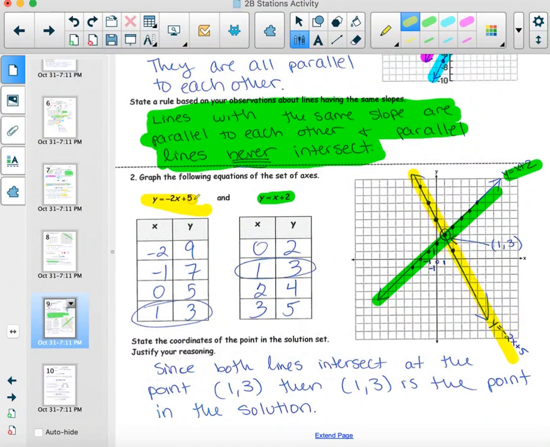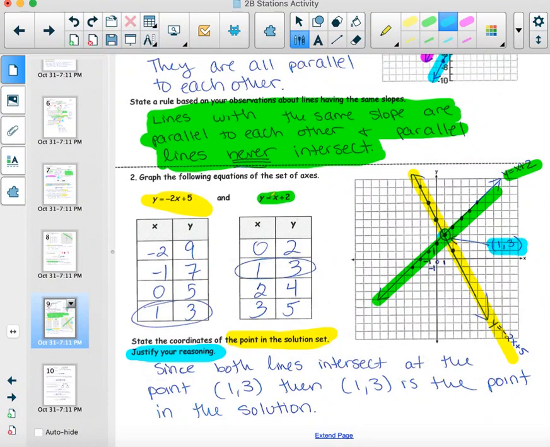All right. So, when we graph these two things together, what do you notice? What is a point in the solution set? Again, I cannot say this enough. You need to justify. Otherwise, you're not getting any credit. You have to do your best. All right, so since both of these lines are going to intersect at this point right here, and again, this is up and coming, at the point 1, 3, that's a point in the solution set.